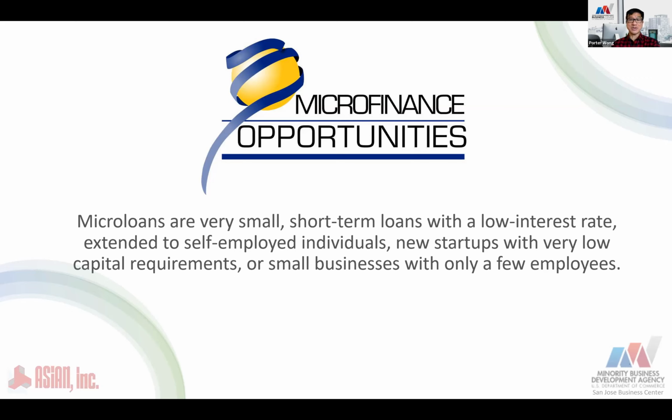Each one will offer a different maximum loan amount, so you just need to work with them each individually and find out which one is the best fit. If you're interested in the SBA microloan program, you can go to the SBA website. They offer a list of certified lenders state by state. So you can look for the California certified microlenders.